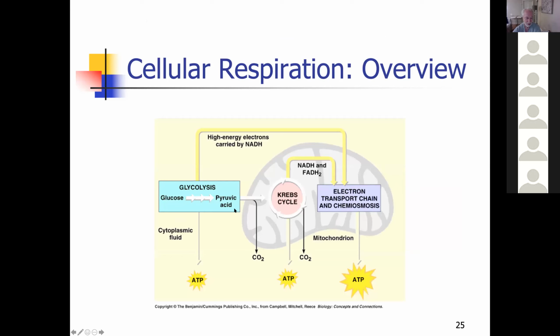This simply shows 2 substrate level phosphorylations and then the electron transport chain. This all occurs within the mitochondrion. Glycolysis occurs in the cytoplasm, and pyruvic acid can cross from the cytoplasm into the mitochondrion. The pyruvic acid goes to acetyl-CoA, and that starts the Krebs cycle.